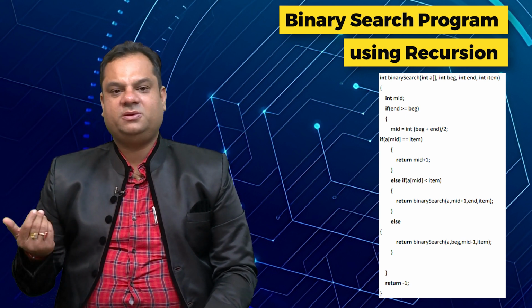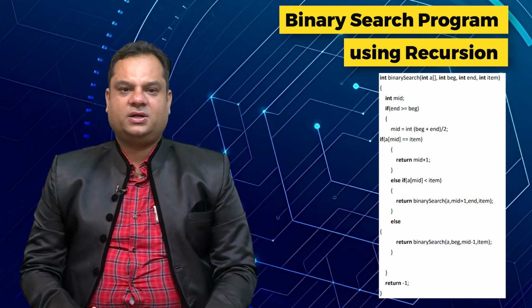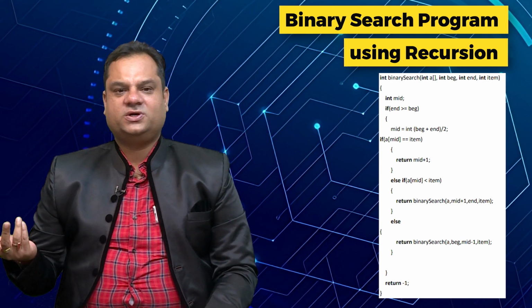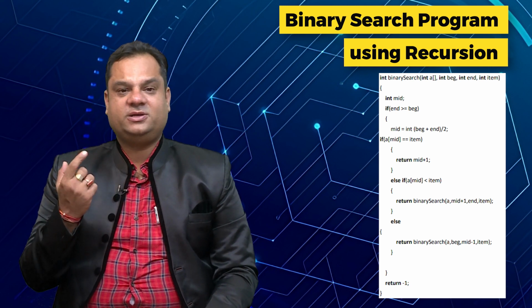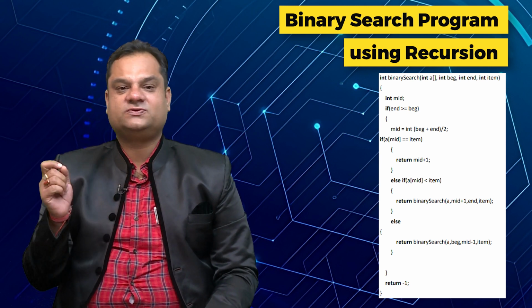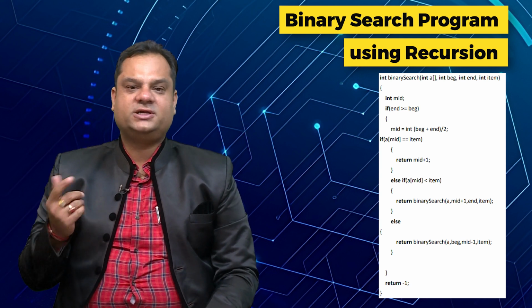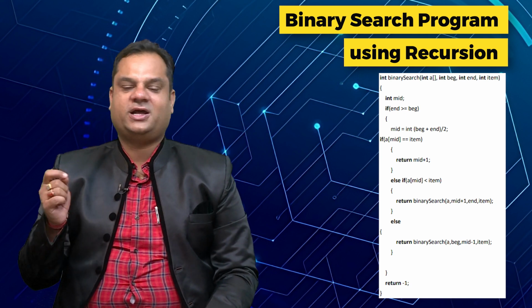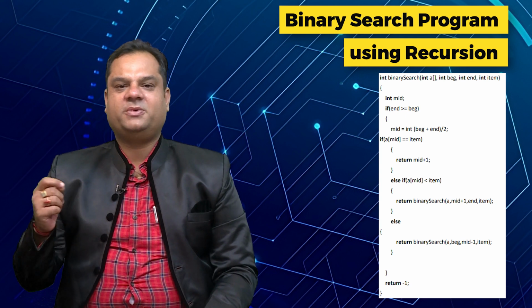Calculate the mid position as integer of (beginning plus end) by 2. If a of mid equals item, return mid plus 1, because indexing starts from 0; that's why when you get the data at the mid position, you write mid plus 1, the indexing number where the item is located. Else if a of mid is less than item, return binary search with mid plus 1 and item. Else return binary search with beginning, mid minus 1 and item.